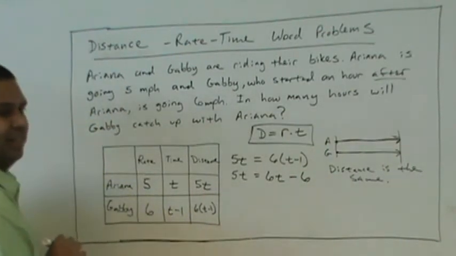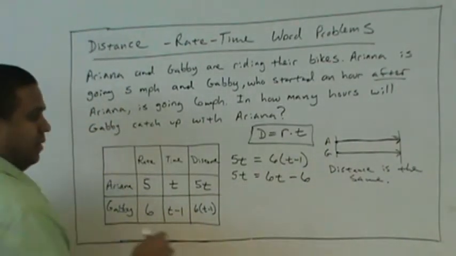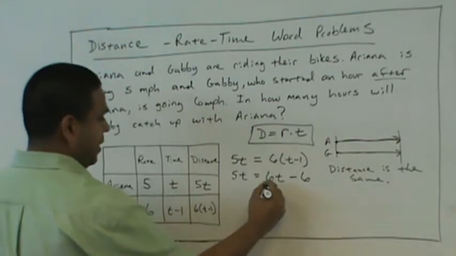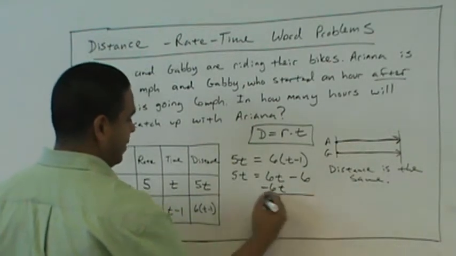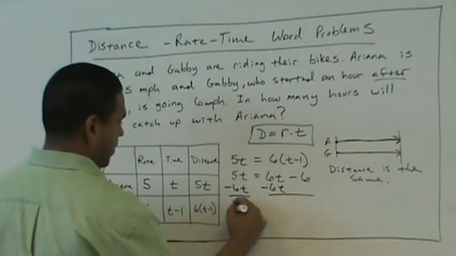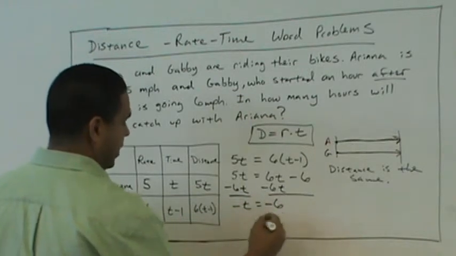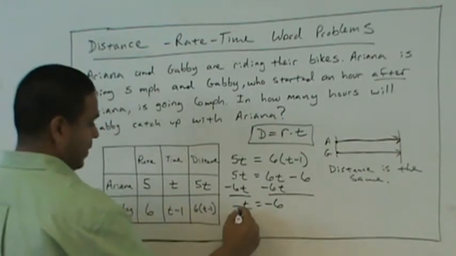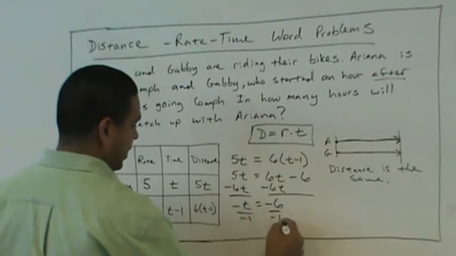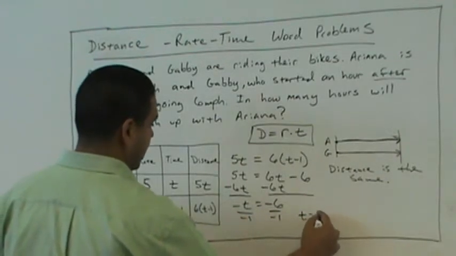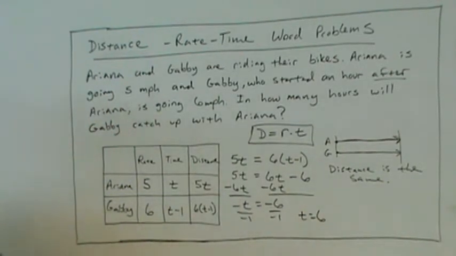And then subtract the 6t, bring the variable to the left. And the last step, divide so that the variable is positive. So we found that t equals 6.